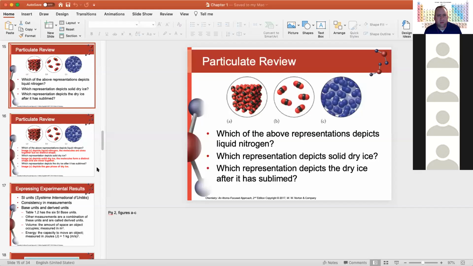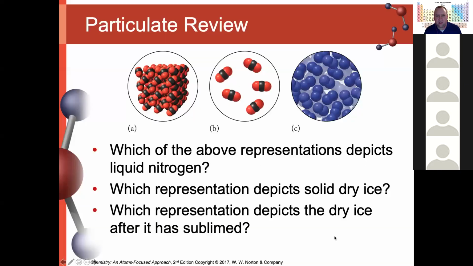Let's start by reviewing a little bit of what we saw yesterday. So I've got 3 panels here. Which of these 3 circles, A, B, or C, would represent liquid nitrogen?